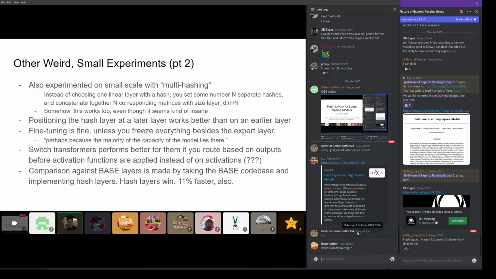So if your input size is not at orders of magnitude larger than your number of experts, this just wouldn't work at all, because you'd be coming up with essentially one row or one column of your linear layer per hash, which does not seem viable. Yeah, it seems like it would degenerate really badly. It does work for what they use, but they used up to n equals 8, right? So they're using at most 8 hashes to stack together linear transformations per layer.